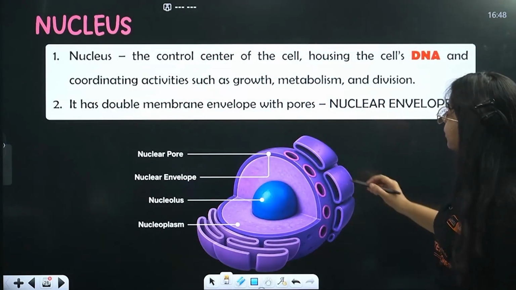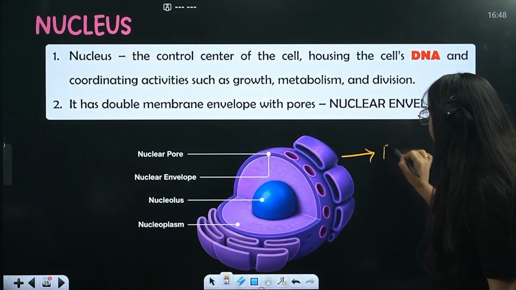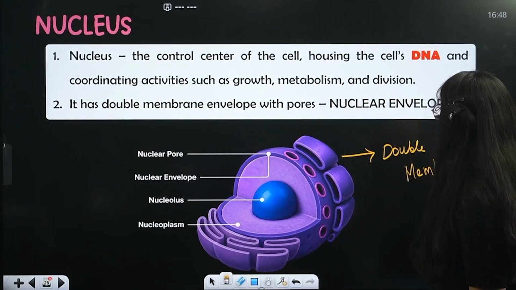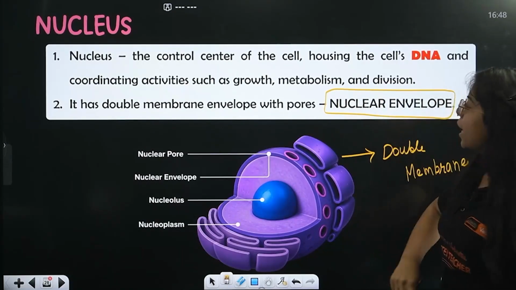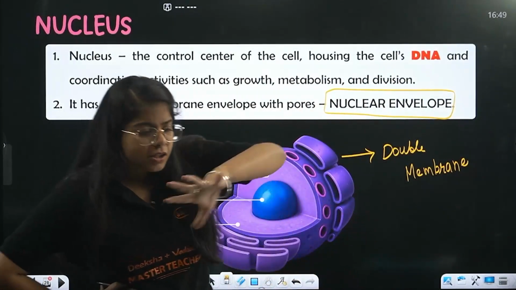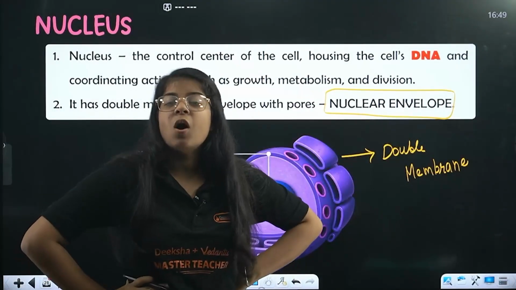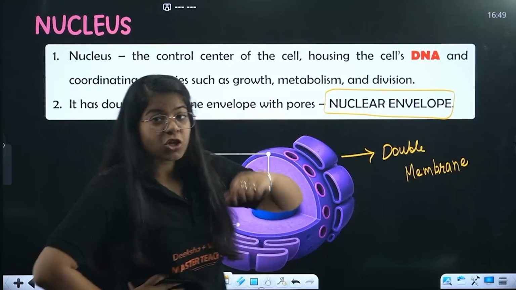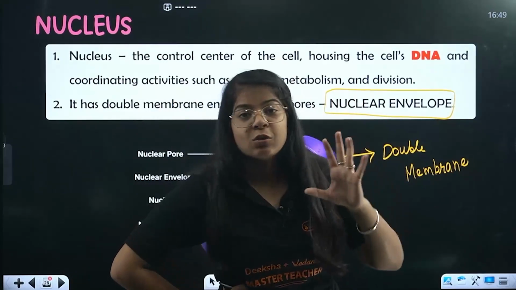And a very important part, it is a double membrane structure. The nucleus has a double membrane, and that is called the nuclear envelope. It controls all the activities inside the cell, that is growth, your metabolism, the cell division, everything is done by this nucleus.